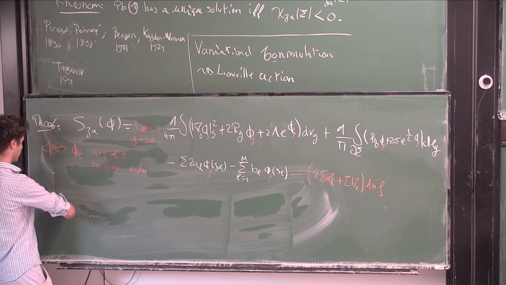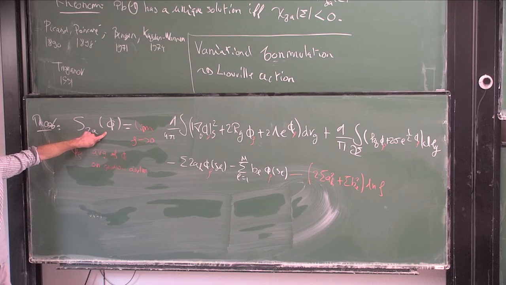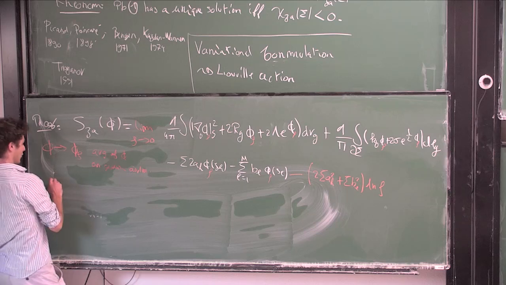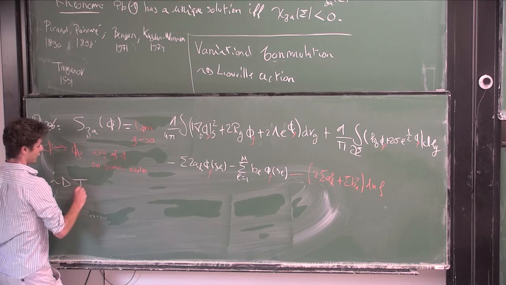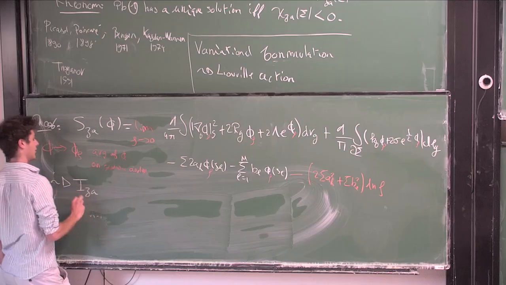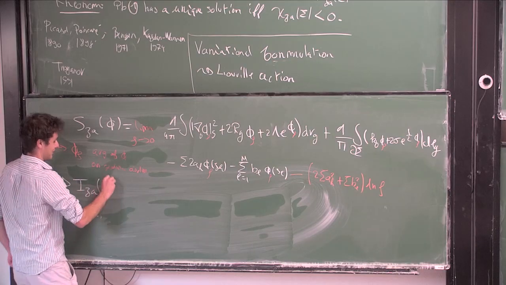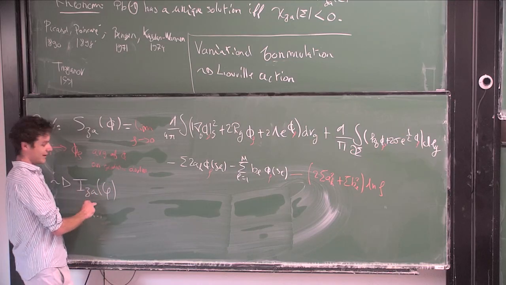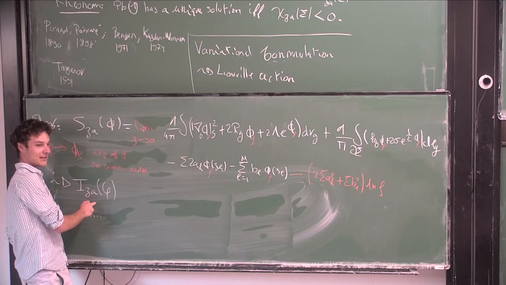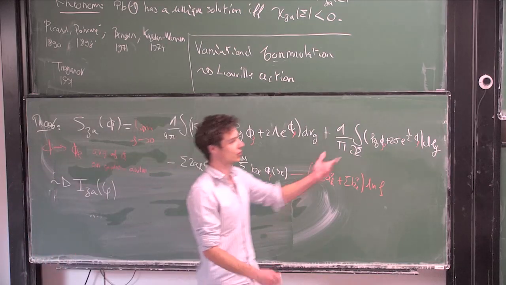And if you decompose phi in terms of varphi plus h, what you get is a functional that I will denote I, which takes as an entry some smooth function at first.